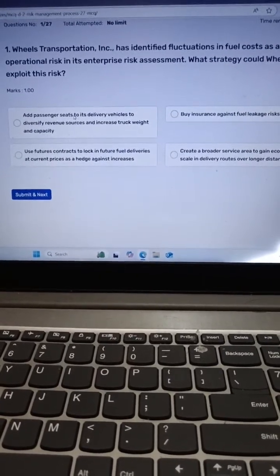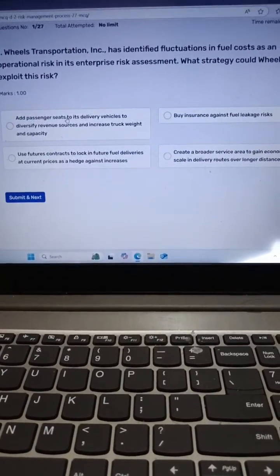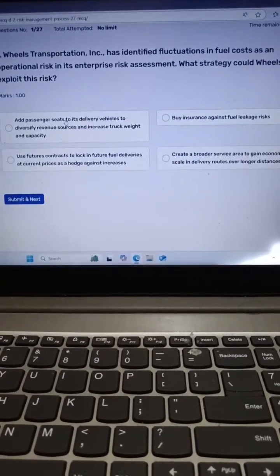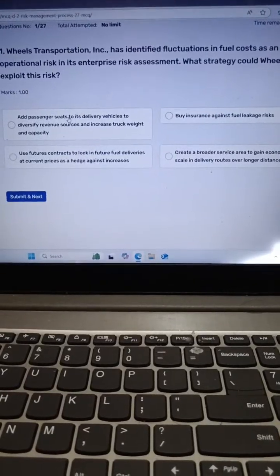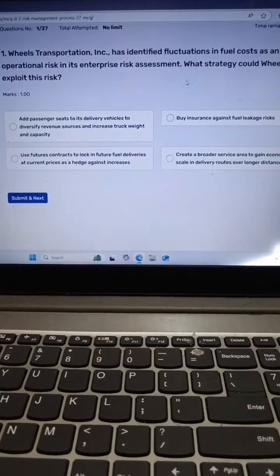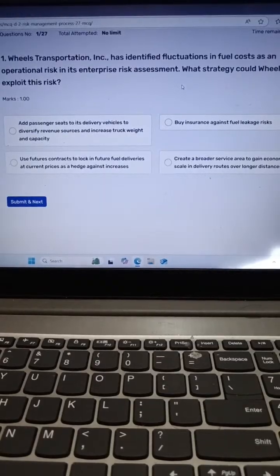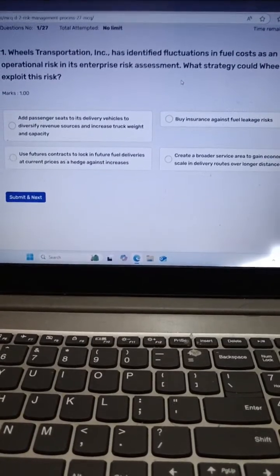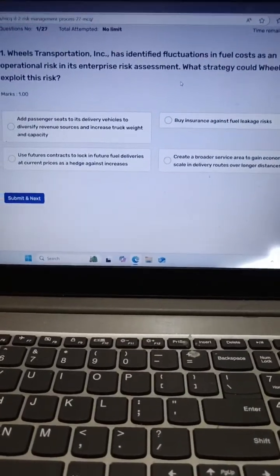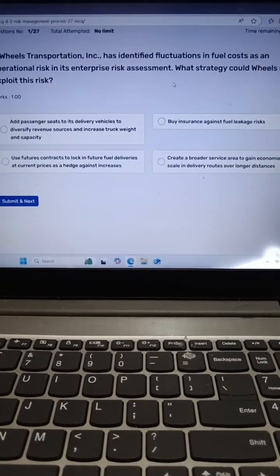In some cases there are long questions, and if there are, we need to first read what the requirement of the question is. This one is not long, but still not short either, a medium question. We need to first read the requirement: what strategy could you use to exploit this risk?